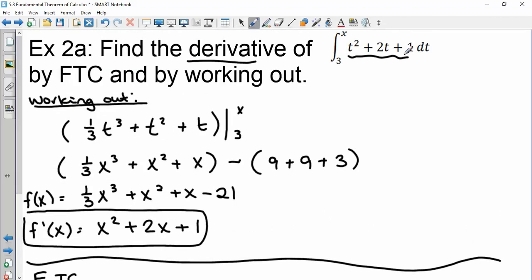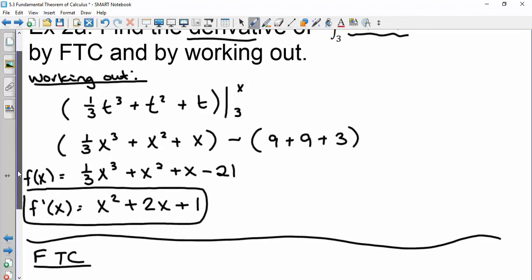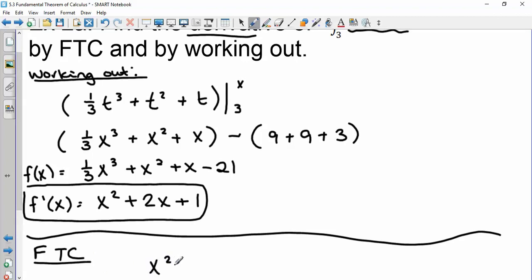I just take my function, and my variable is now an x. Because a derivative and an integral should cancel each other. Any questions there?